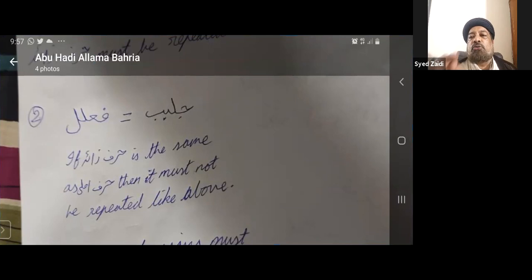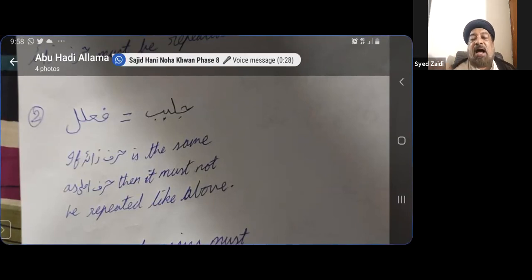Now, because the 2 ba's are the same, you see there that the lam is repeated, right? We did not say fa'ala, for example. Like in alim, we said fa'il, we repeated the alif, but here we're not repeating the ba.